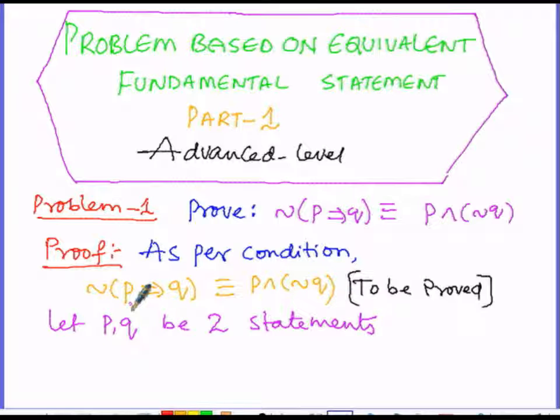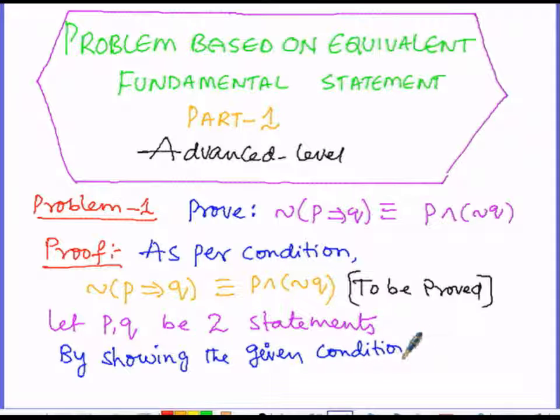In case we are able to show the truth values of the LHS and the RHS as the same, then we can write that the negation of P implies Q is identically equal to, in other words equivalent to, P and negation Q. So here, by showing the given condition by means of the truth values in a truth table.